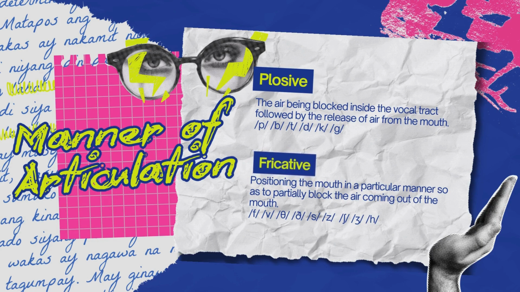This is when we position the mouth in a particular manner so as to partially block the air coming out of the mouth. For example, th, v, f, th, s, z, sh, zh, and h.